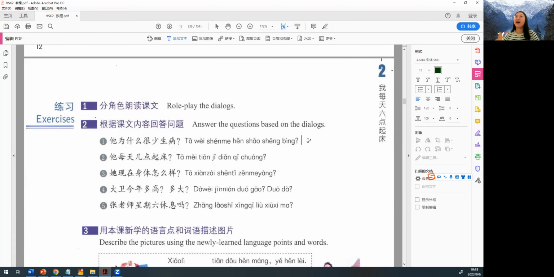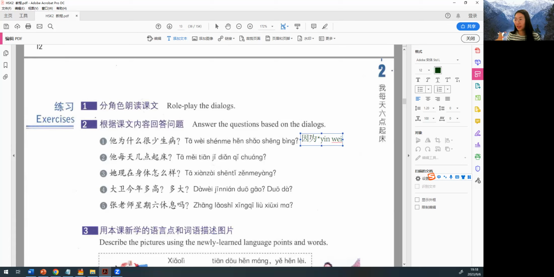他为什么很少生病？为什么？If we want to answer it more completely, we can say 因为. Remember this? 因为. The pinyin is here. It means that is because.